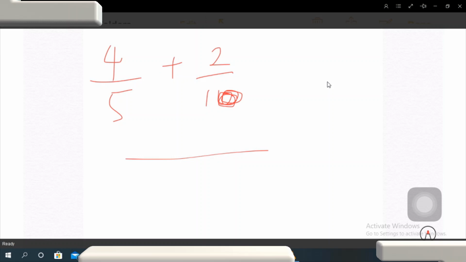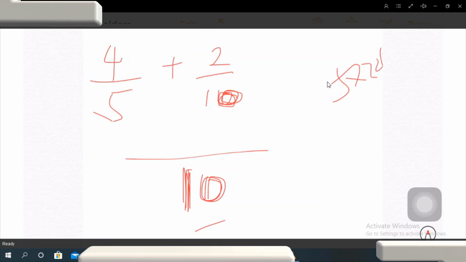You can use the rule 2i of finding the LCM, and the LCM here is 10. Not 5, because 10 times nothing will give us 5. 5 is not a multiple of 10, but it's a factor. We need a multiple. So after this, we'll ask ourselves, 5 goes into 10 how many times? 2, because 5 times 2 is 10.